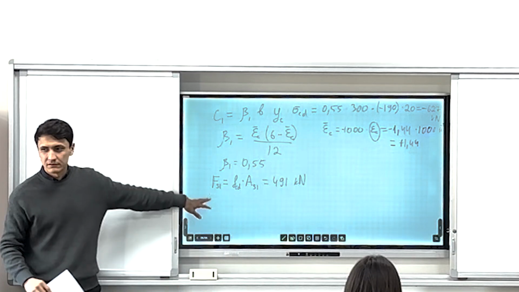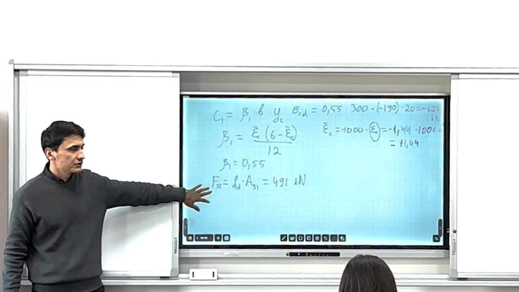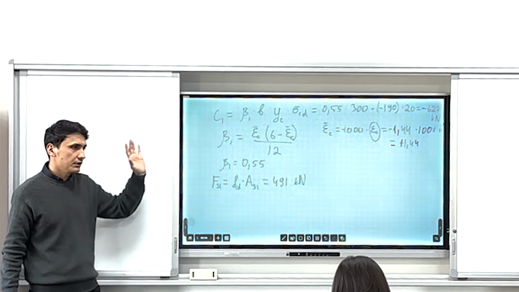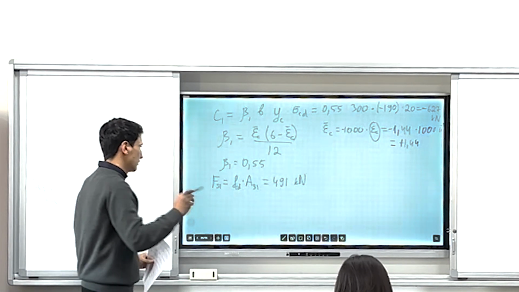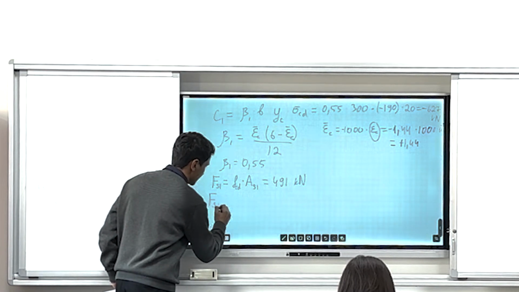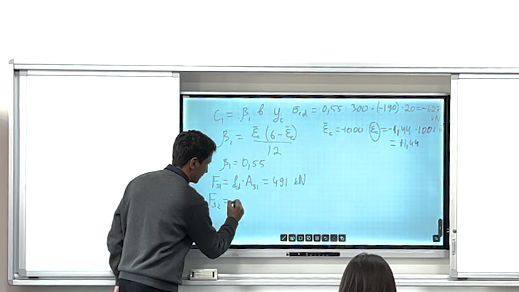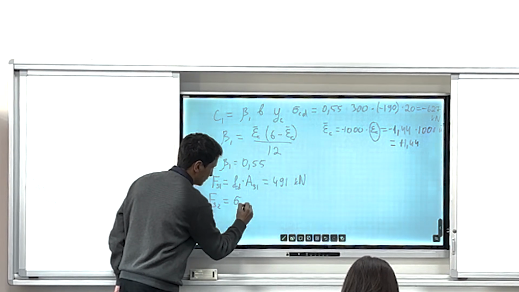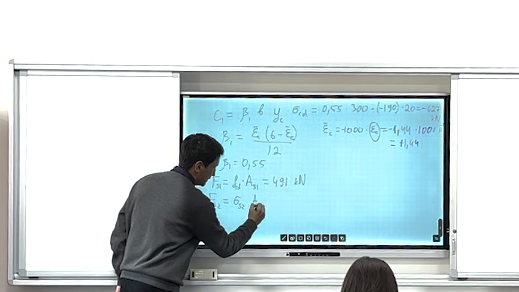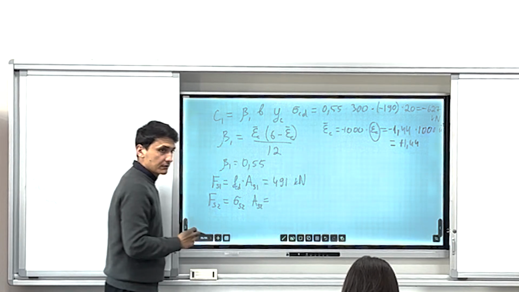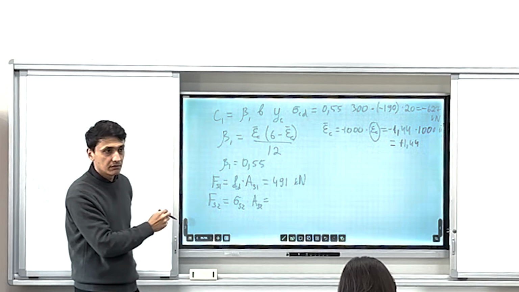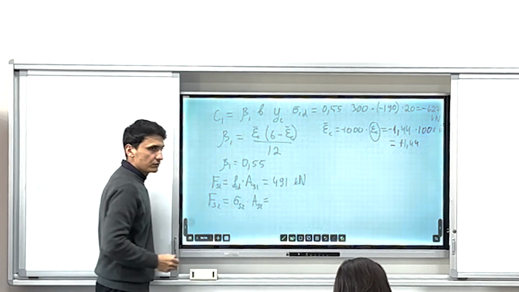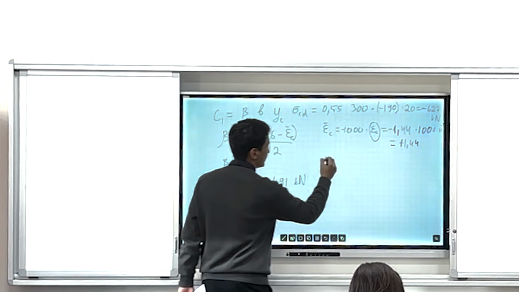This is not changed since the beginning of the exercise, because we already know that there is yielding at the bottom rebar. But now FS2 will change. FS2 will be equal to sigma S2 multiplied by AS2. This is not FCD like at the beginning. This is now sigma S2.